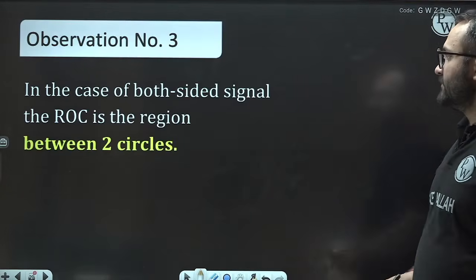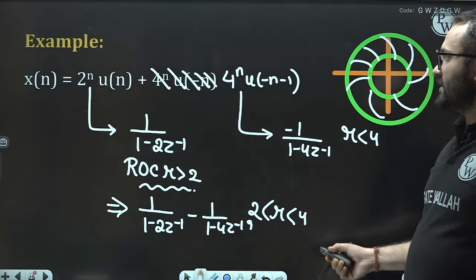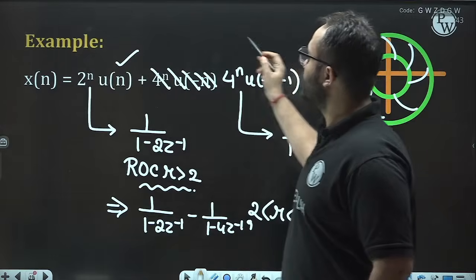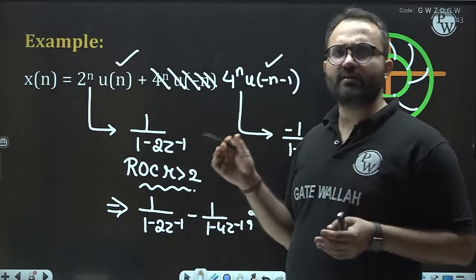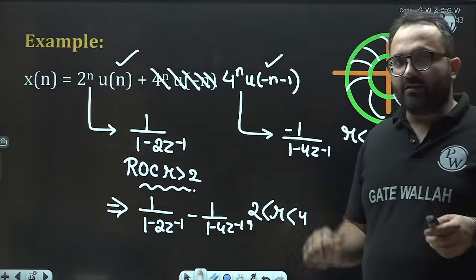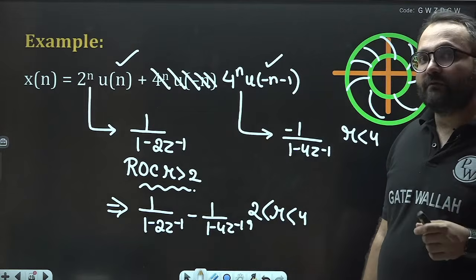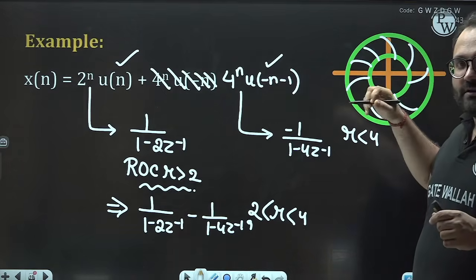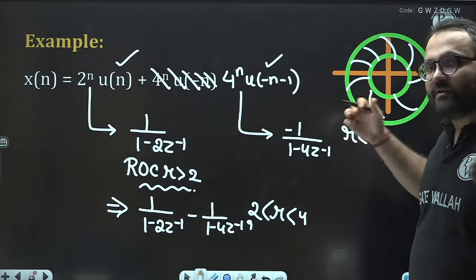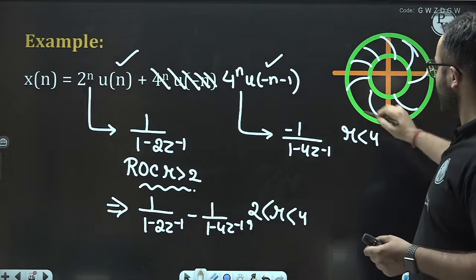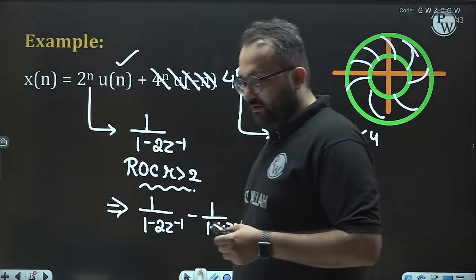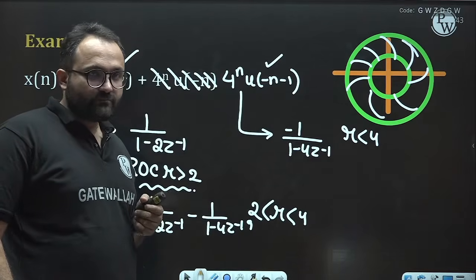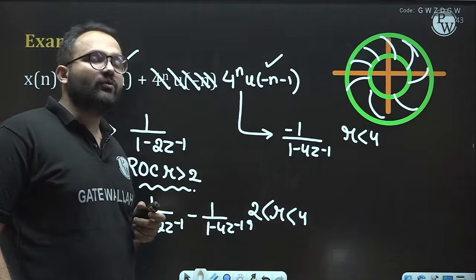Great. Next, we can see that this is a two-sided signal: this one is a right-sided signal and this one is a left-sided signal. So we have a both-sided, or two-sided, signal. In these cases, the ROC is an annular region between two circles, corresponding to two poles.